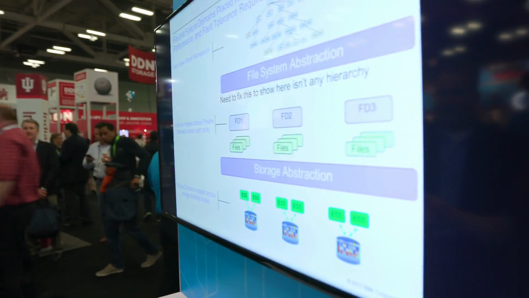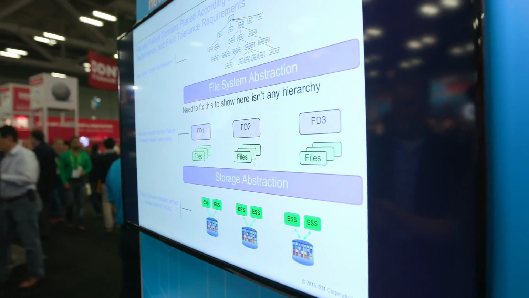In addition, those applications will experience a level of isolation in that when they're running in a failure domain, all of their activity is completely isolated from all the other activity, such as distributed logs or I/O that is going on in the other failure domains in the system. That is also shown here in this diagram, where we're creating multiple layers of abstraction.